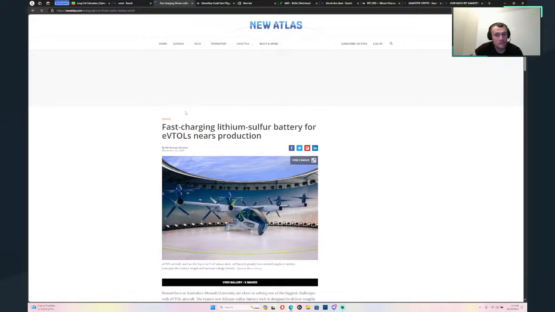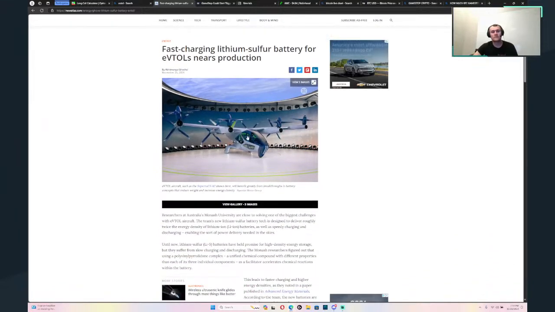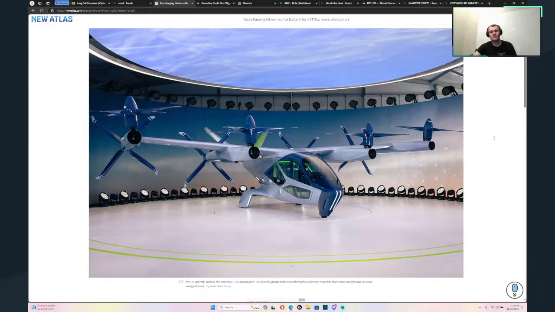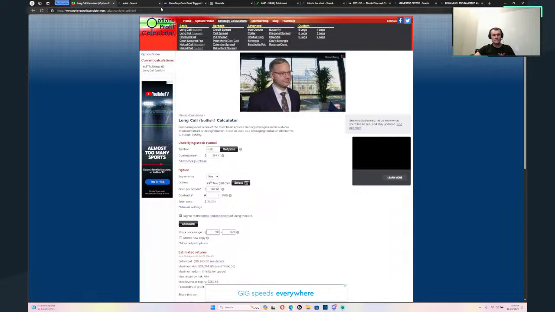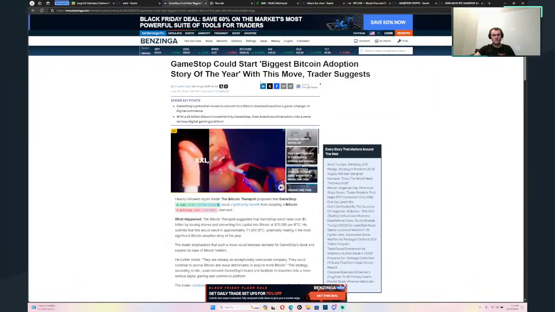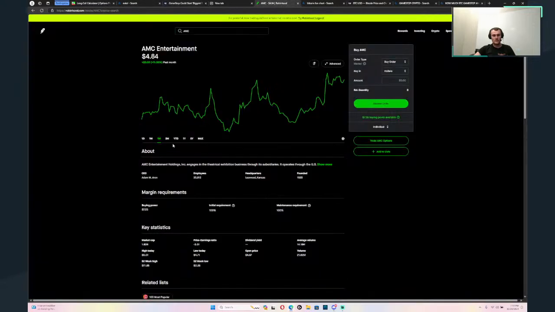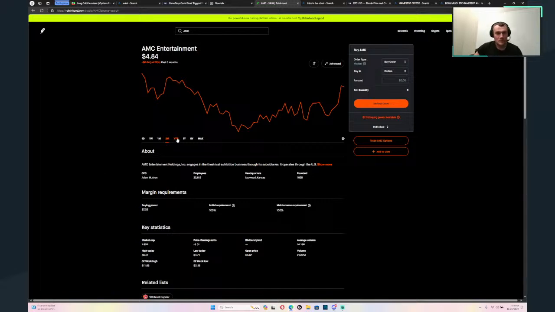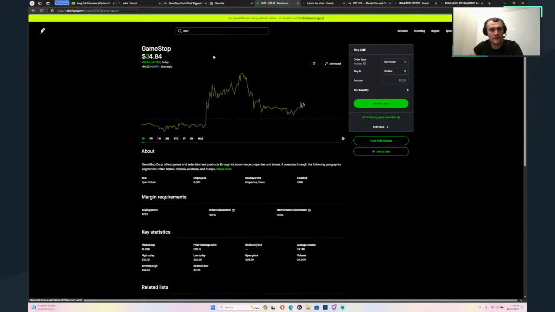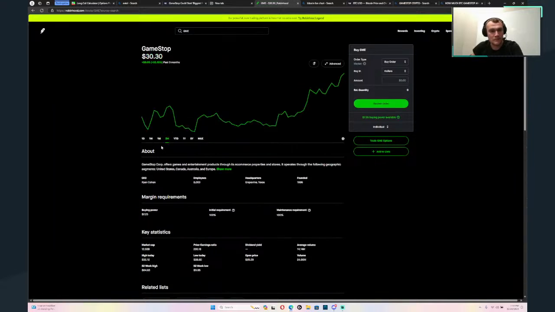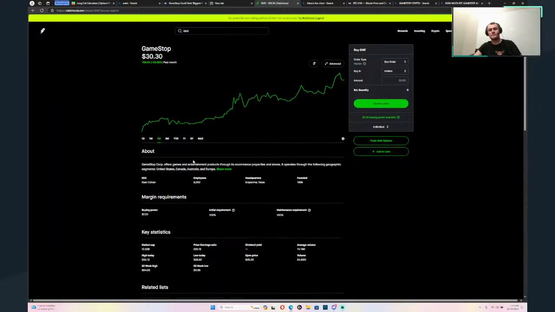When I look at the past month, GameStop has gone up 43.49% over the past month. That's a pretty impressive move for GameStop. If you look at their past 3 months, it's only 46.24%. So that really tells you that in the past month, there have been a lot of things happening over at GameStop. And we're not really sure what's happening.